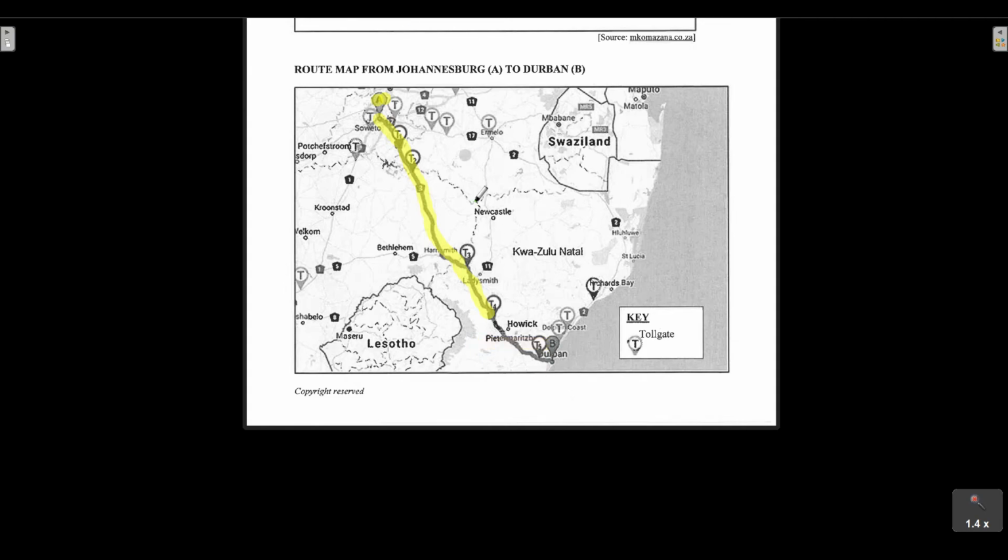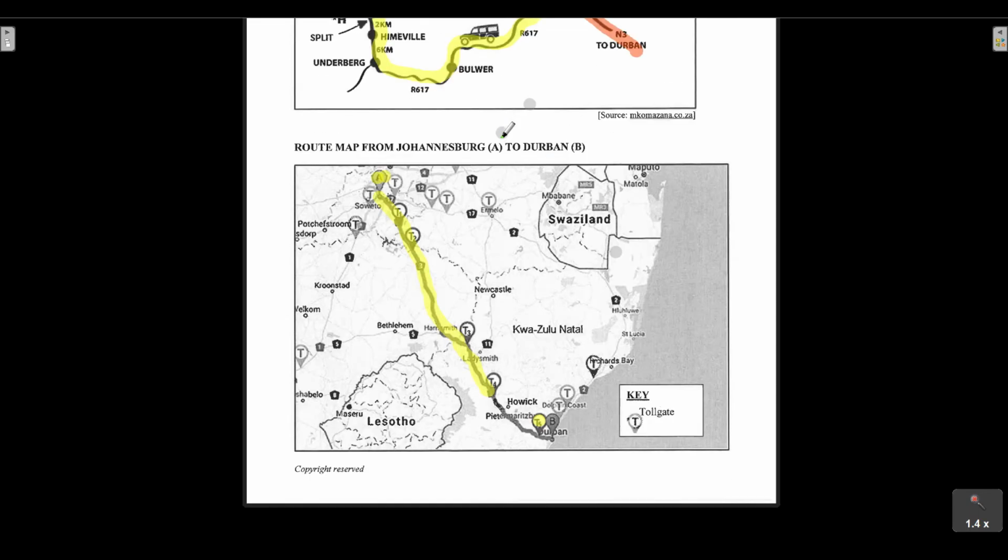Actually, they do not pass the fifth toll gate. They exit after Howick, so they exit somewhere there. Okay, so this part is not going to be relevant, especially when we're calculating how much they will pay for the toll gates. So you need to remember that as we go through the rest of the questions.